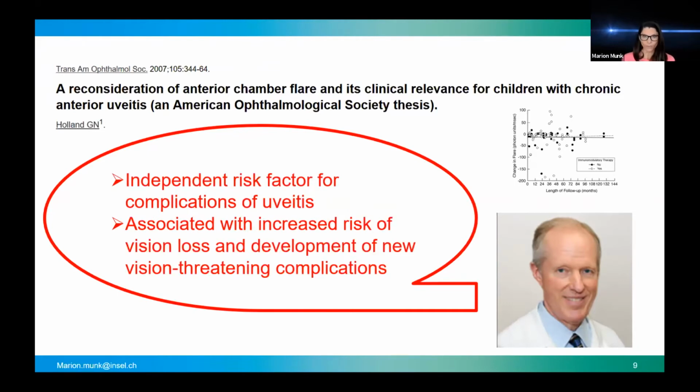What is also important is that it is an independent risk factor for the development of complications of uveitis. So it's an independent risk factor on top of AC cells for the development of secondary cataract, posterior synechiae, but also glaucoma and band keratopathies. And it's associated with an increased risk of vision loss and development of new vision-threatening complications.